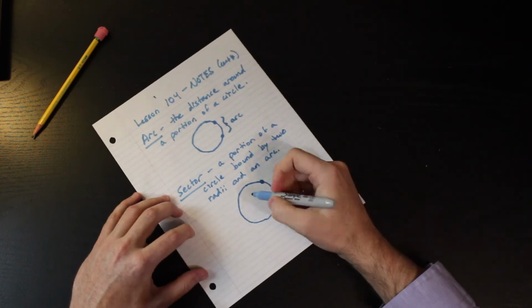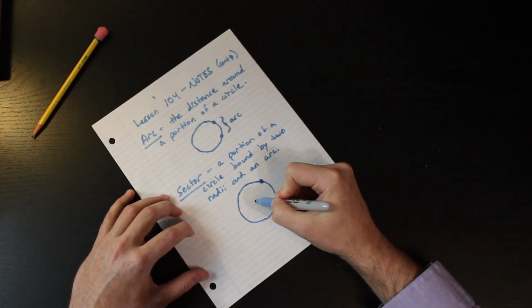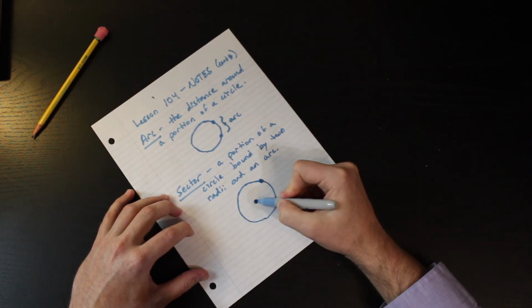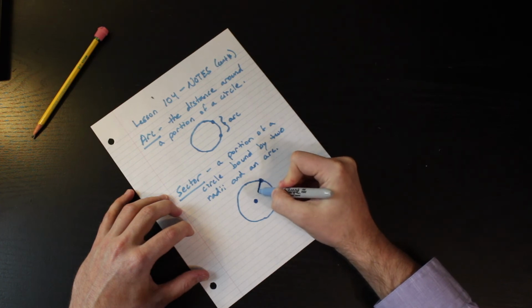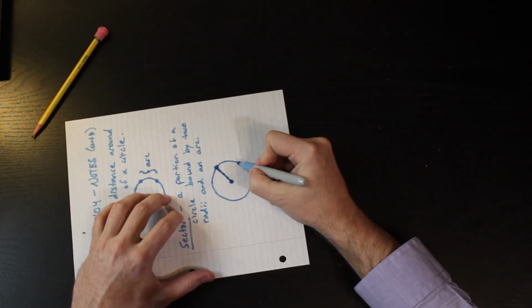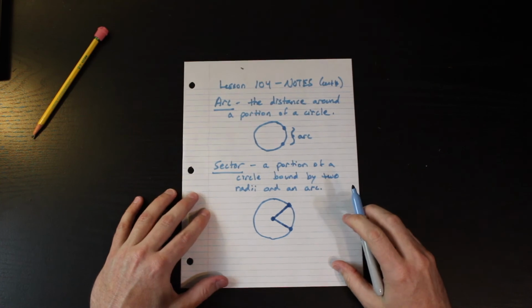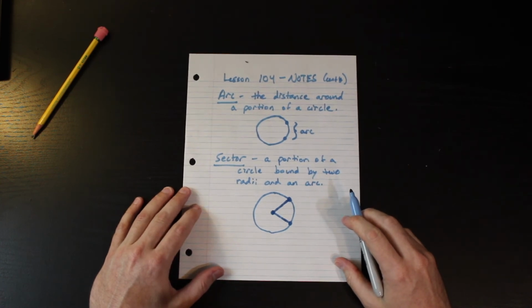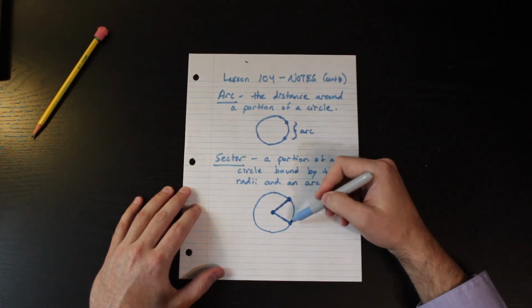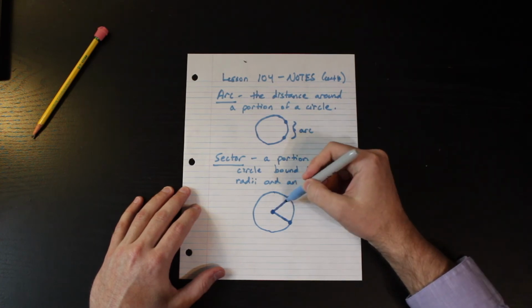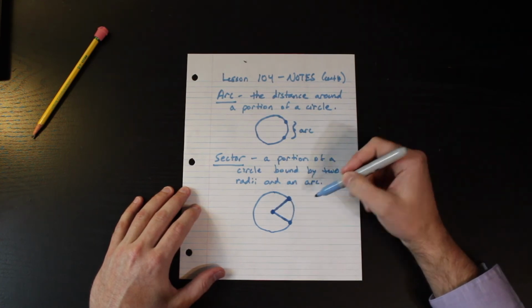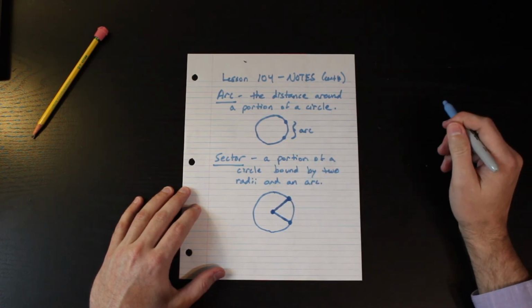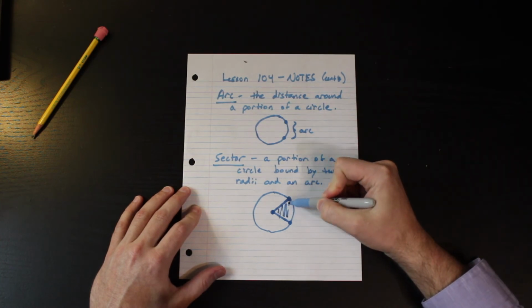Now, draw lines connecting those points on the edge of the circle to the circle's center. This line is a radius, and this line is another radius. Now we have sectioned off a portion of the circle which lies between the 2 radii and our arc. That portion of the circle is a sector.